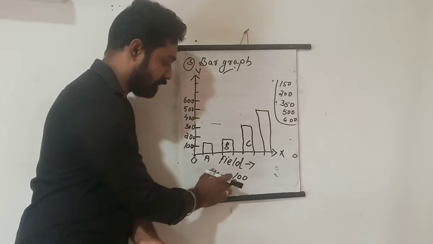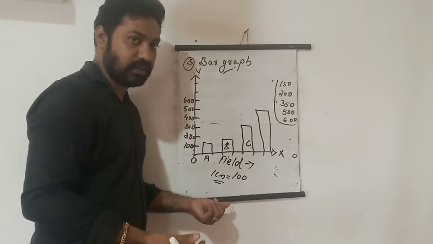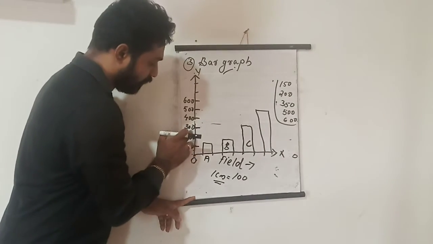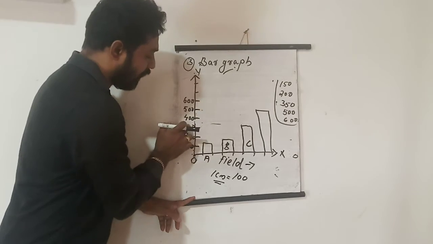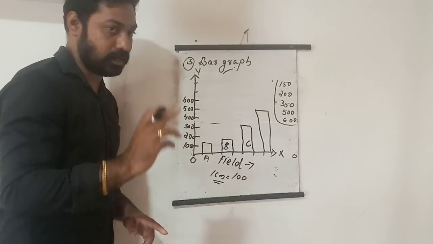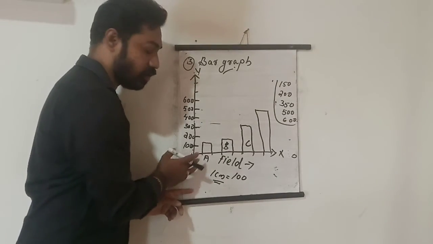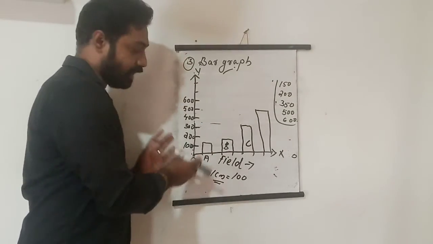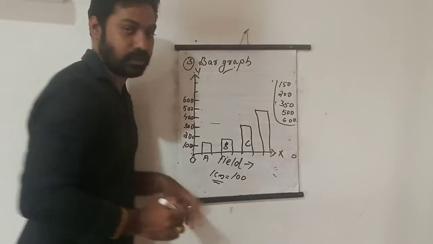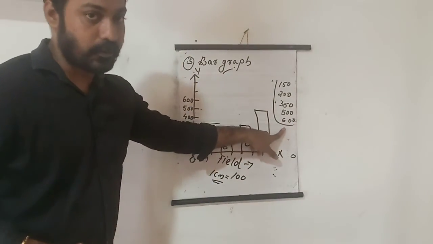Remember about putting the numbers. Instead of 100 for 1 centimeter, we could take 50, then 50, 100, 150 and it will be big, and then it is difficult to read. You can take any numbers, but 600 has to fit.